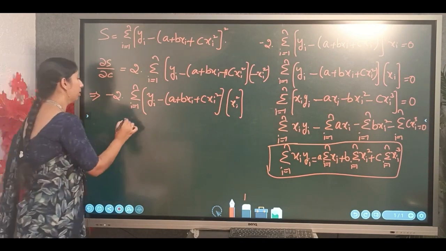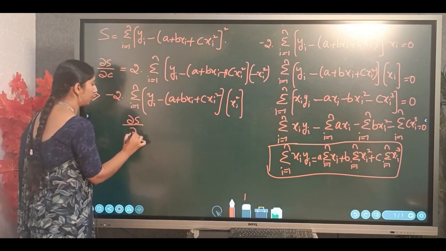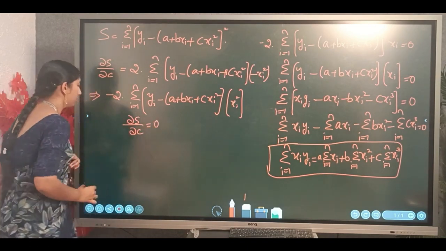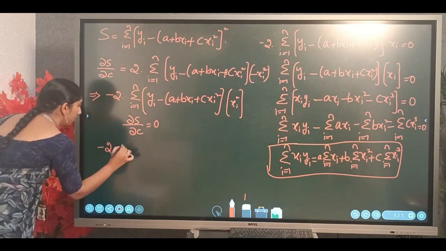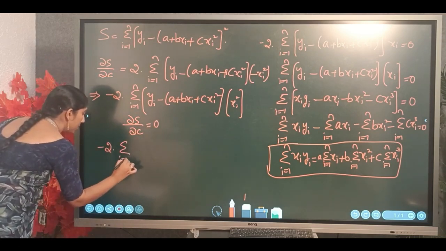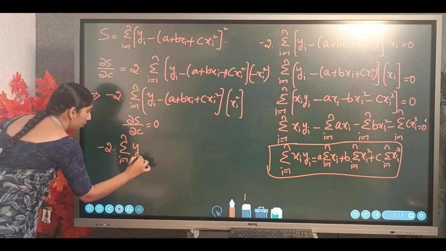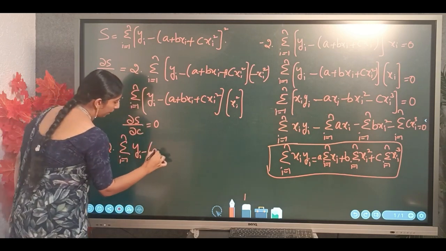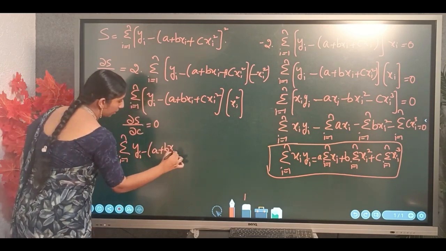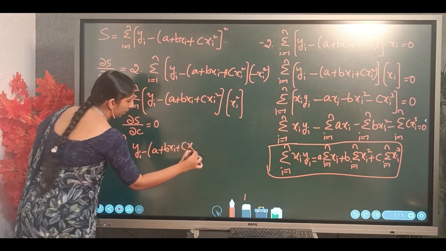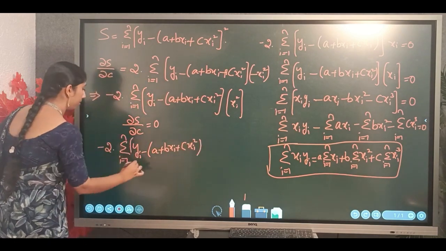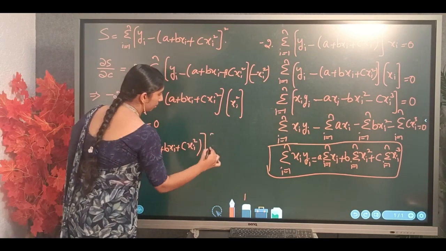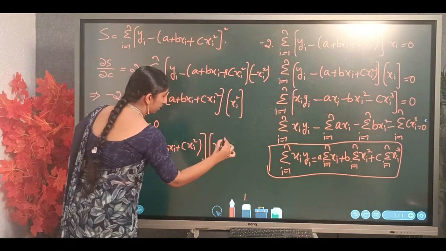In the same way ∂S/∂c = 0. So for this, minus 2 into summation i = 1 to n of (yi − (a + b xi + c xi²)) into the term xi².